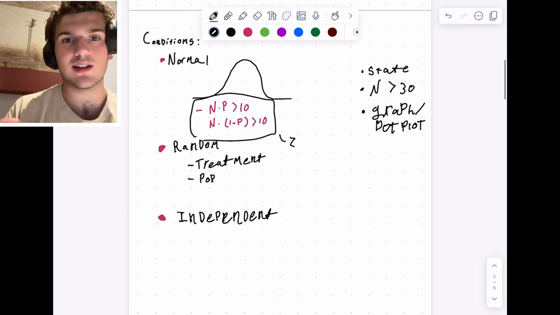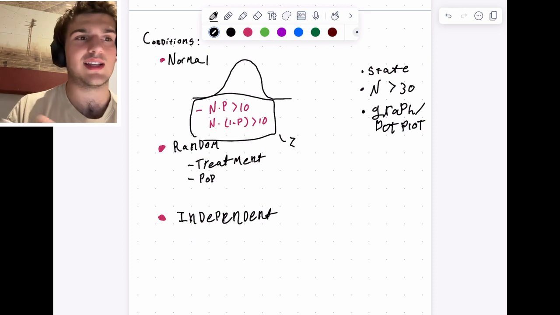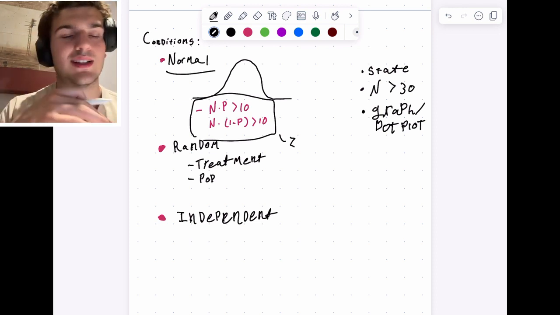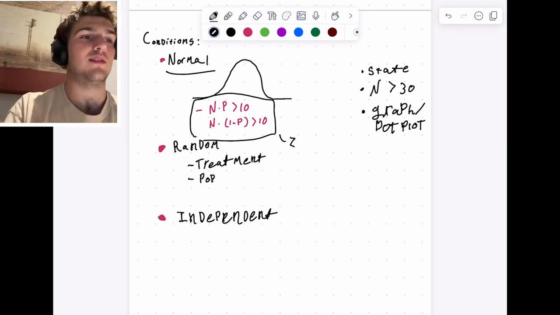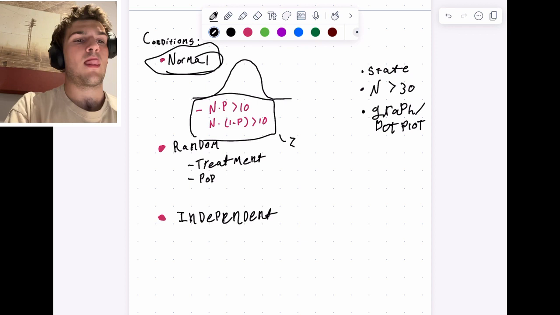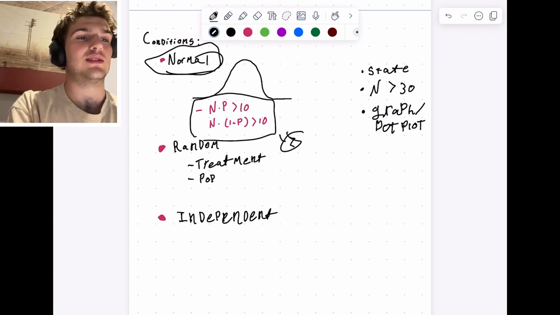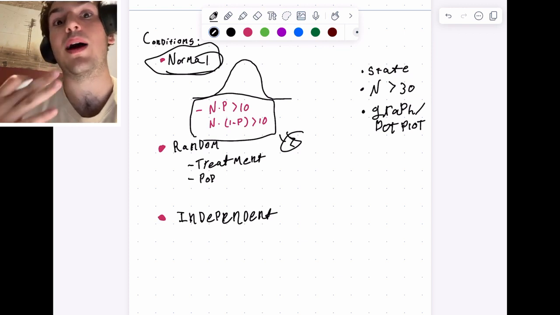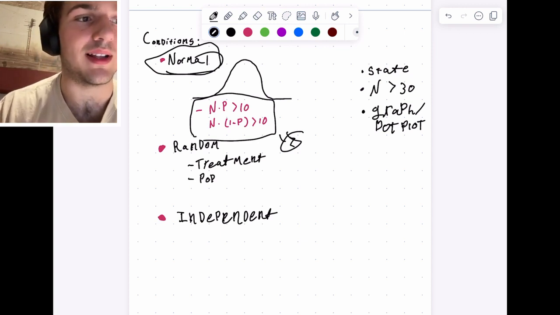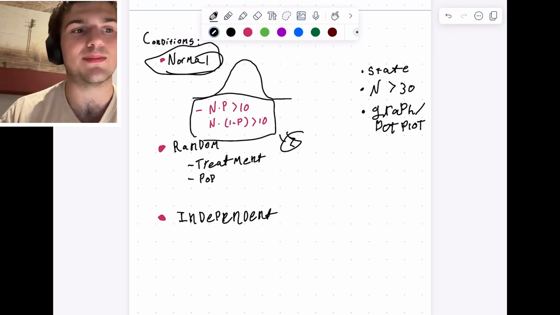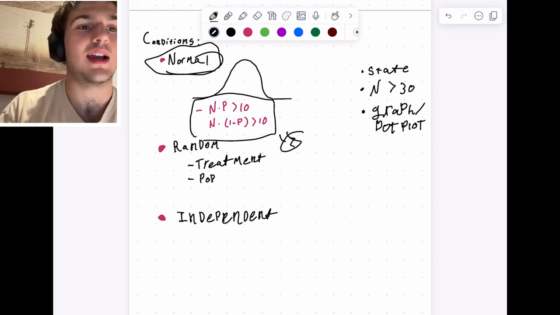So our conditions are going to be pretty much the same across both tests and our difference test, which I'll get to later. The first, always normal. So this is for our z-tests. We're making sure that n times p is greater than 10, and n times 1 minus p is greater than 10. Pretty standard.